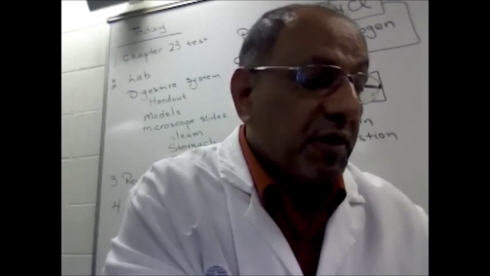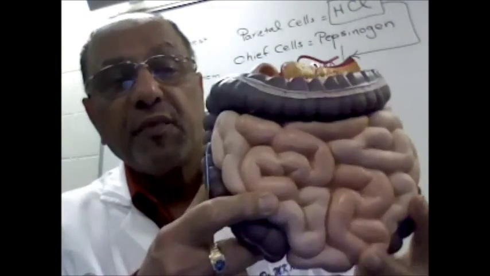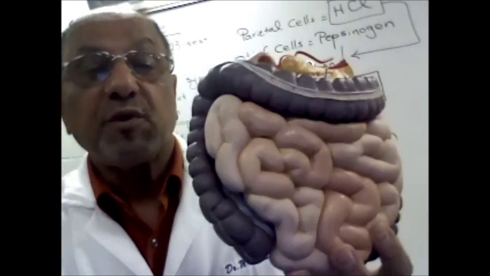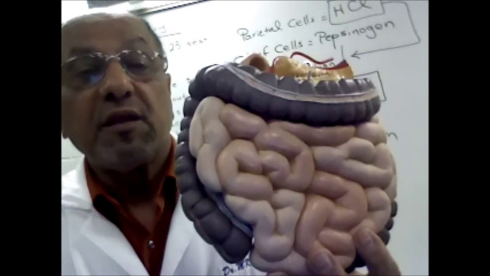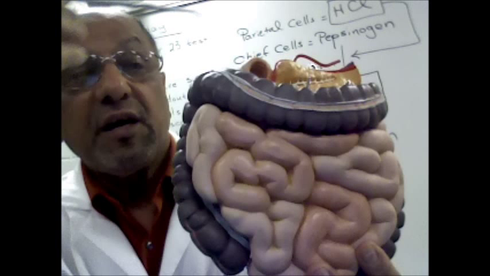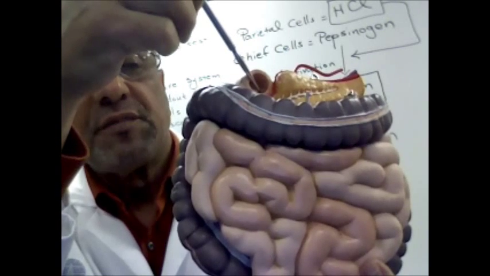Next, we're going to look at what the stomach connects to, which is the small intestine. And the small intestines on the model are shown in the lighter color. The first part of the small intestine is in this area here, and that is the duodenum.